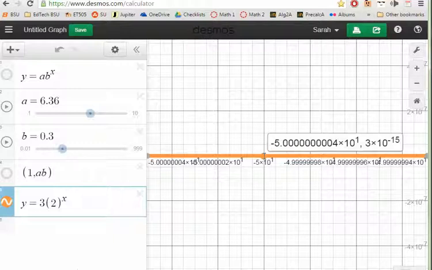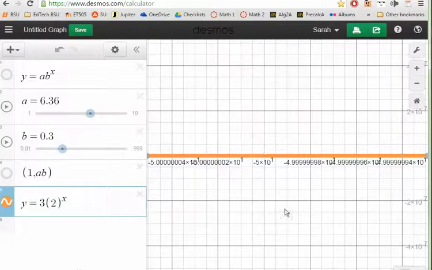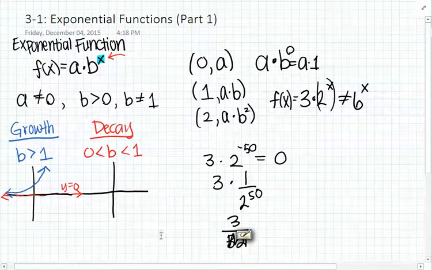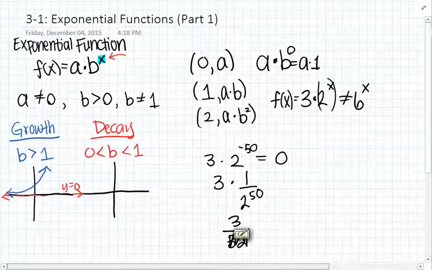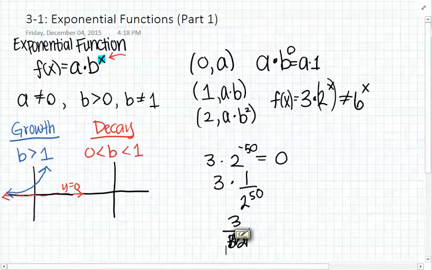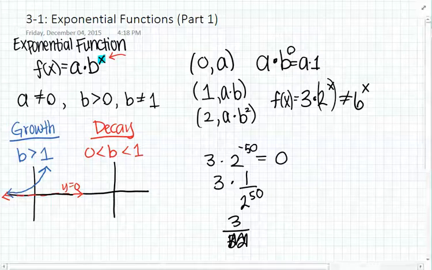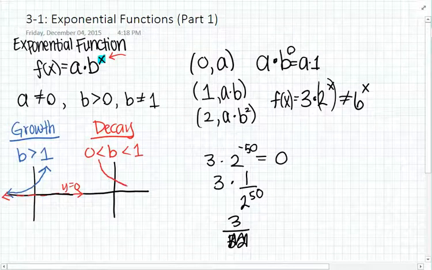So we're talking minuscule, but we're not talking 0. And that's important because there's no possible way to get a 0 out of that function. And so it creates this horizontal asymptote at y equals 0. And that was true for the decay functions as well. But the decay functions start high and then start to approach the asymptote from the other direction. That's pretty much the difference, but it still has this asymptote right here.